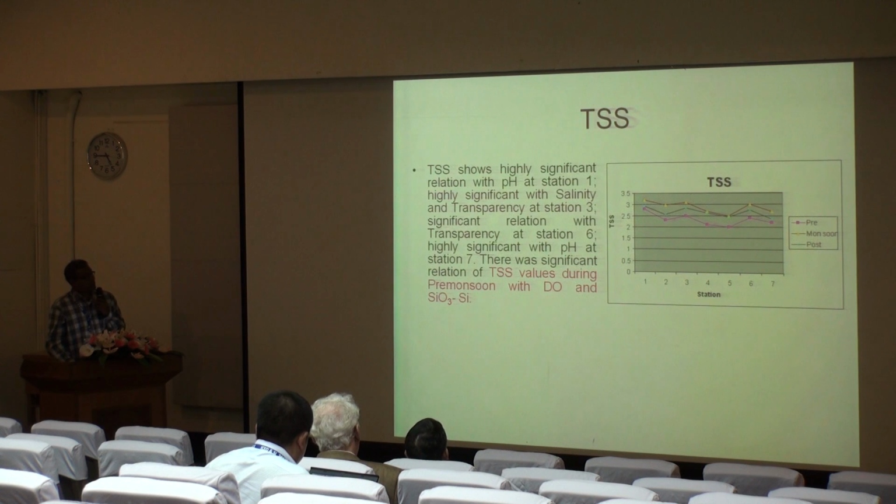TSS, total suspended solids, shows a highly significant relation with pH at station 1 and transparency at station 3, around all sites. Station 7 was clearer because it was the non-disturbed area, in the southeastern part of the site.